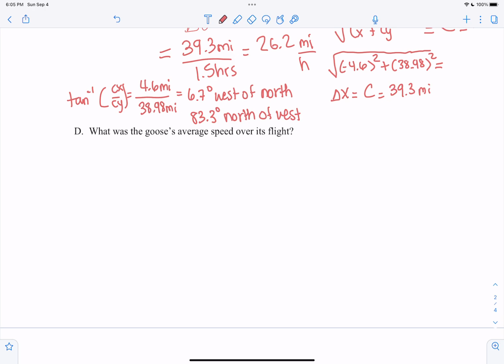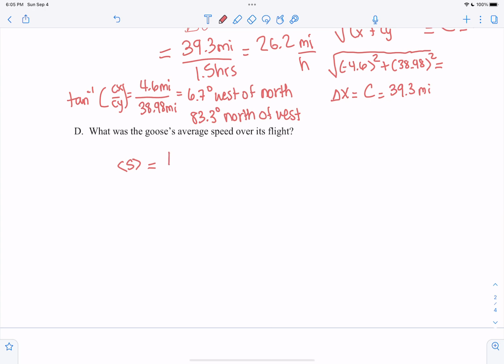Okay, for part D now, it's asking us what's the average speed. So speed instead of velocity, average speed, right? So speed is equal to what? What is the definition of speed, basically? Distance traveled over time, right?